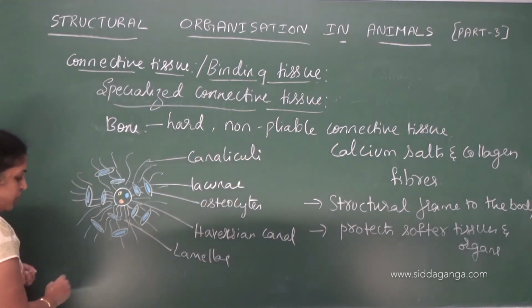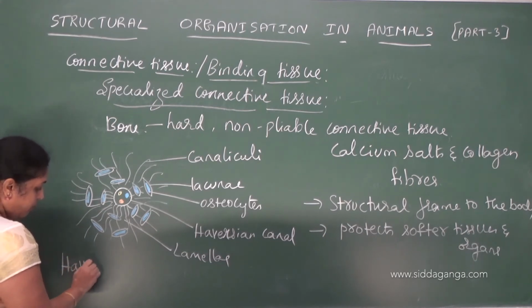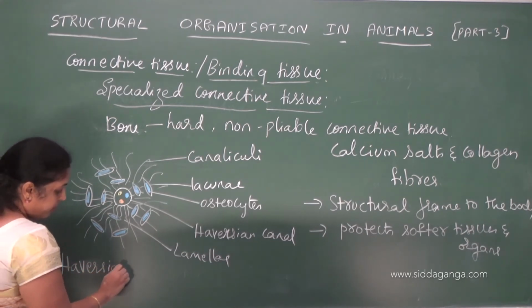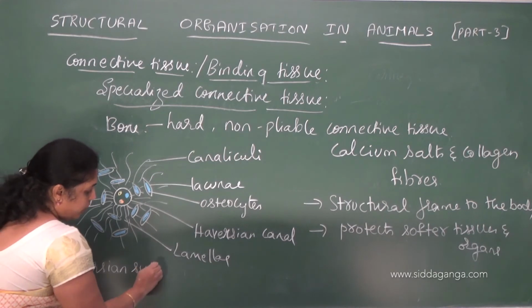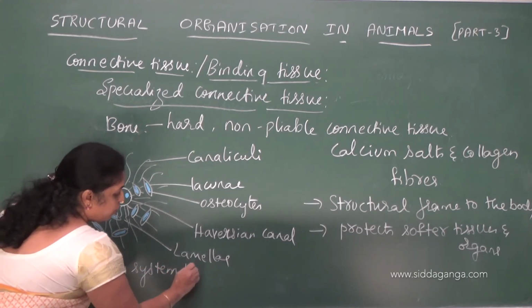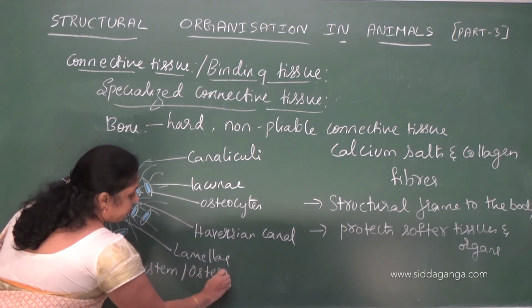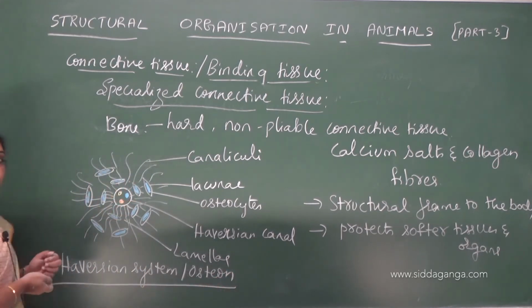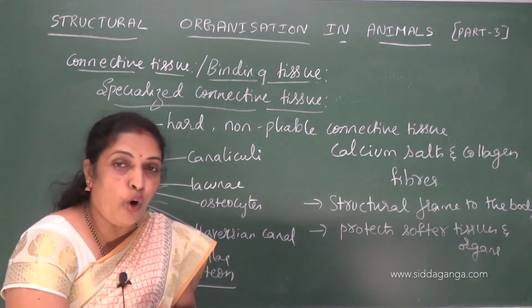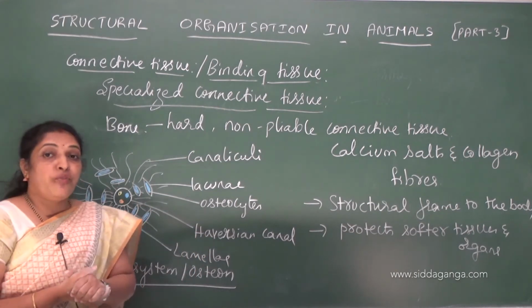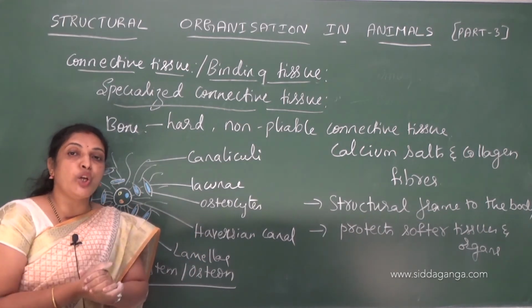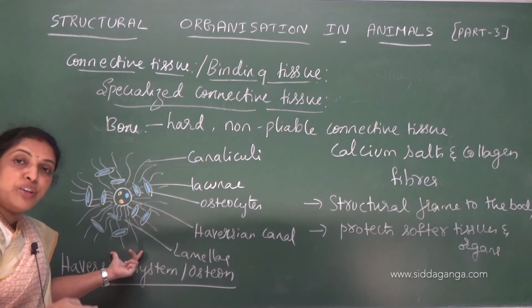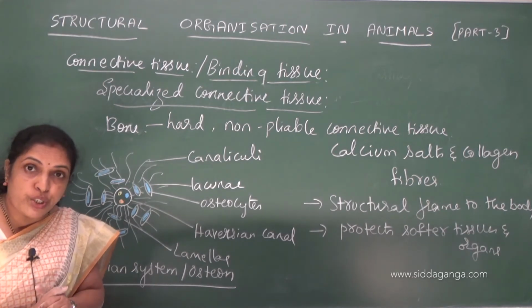And this system is called the Haversian system, or osteon. When we take a section of a bone, the structural and functional unit of bone is called the Haversian system or osteon.